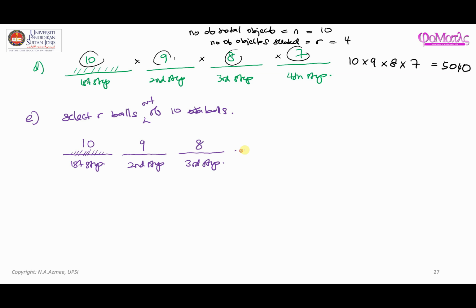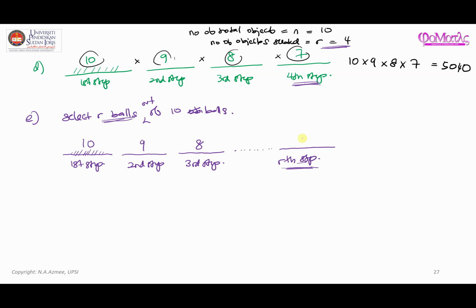And imagine you go through the process, and this is going to be the rth step. How do I know this is the rth step? Well, we follow the pattern here. If you choose r equals 4, the end of it is at the 4th step. So if I choose r balls, the last step is going to be the rth step. And how many options do I have here?